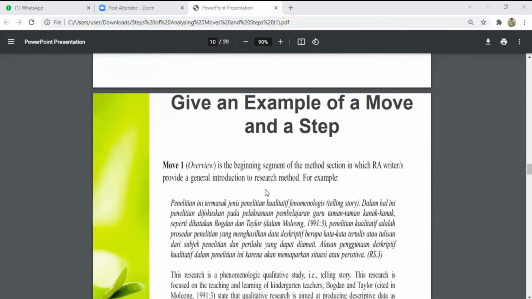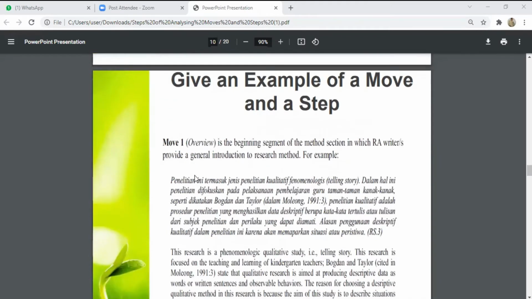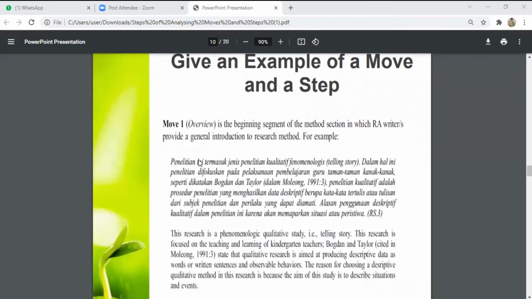And then give an example of each move in the model. We have to show the examples to show that we understand what the moves are. Move one, for example, the overview, and describe it. What is overview? So here, I took this from Peacock, the beginning segment of the method section in which research article writers provide a general introduction to the research method.